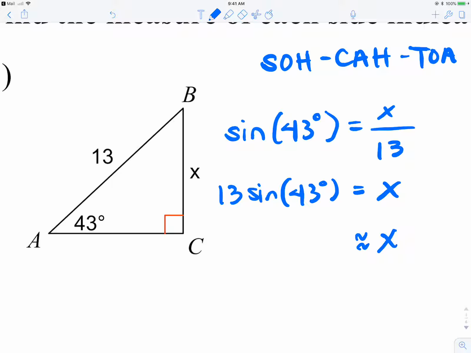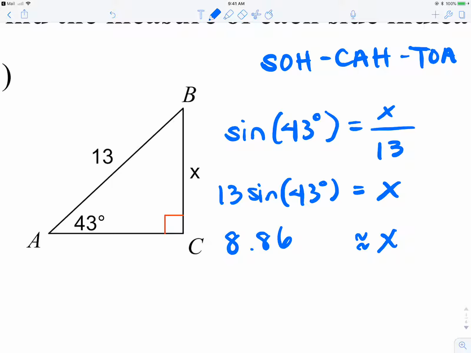Once your mode is in degrees, you can type in 13 times the sine of 43, and I get 8.8660 for rounding. So x is approximately 8.8660.